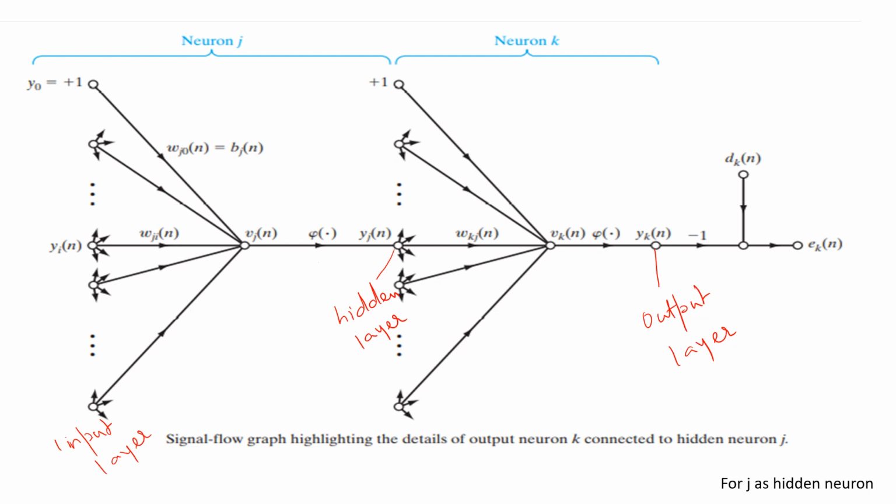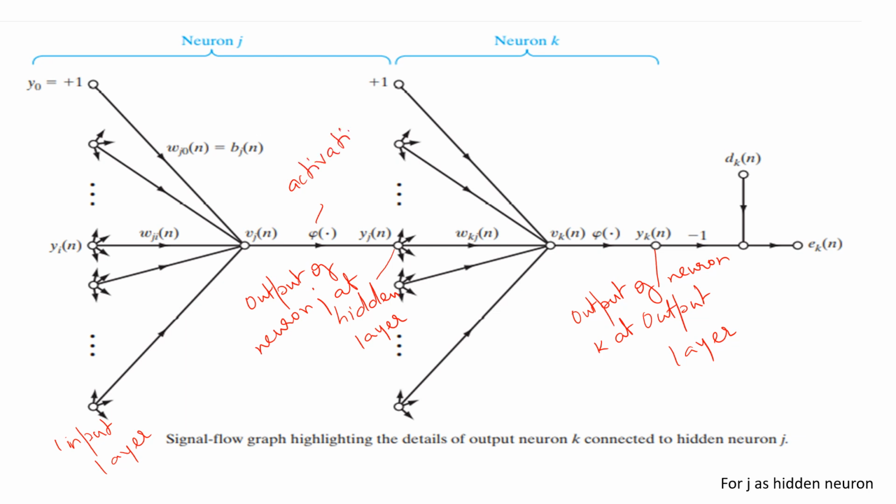So this is the output of neuron K at the output layer, and this is the output of neuron J at the hidden layer. Okay, and this is my activation function.